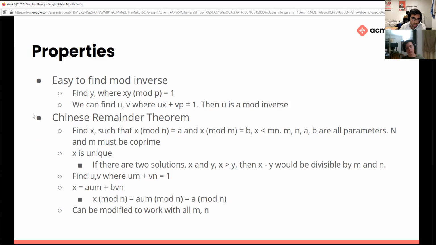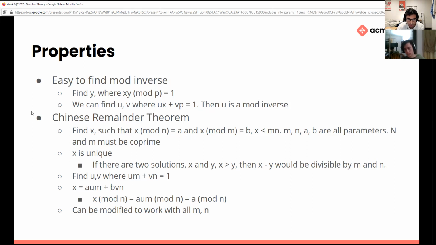And so here we only showed the case where m and n are coprime, but if you look online, you can find how to do it where m and n are not coprime. But in those cases, there does not have to be a solution for any a and b. Here there is a solution for any a and b, but that may not be true if m and n are not coprime.